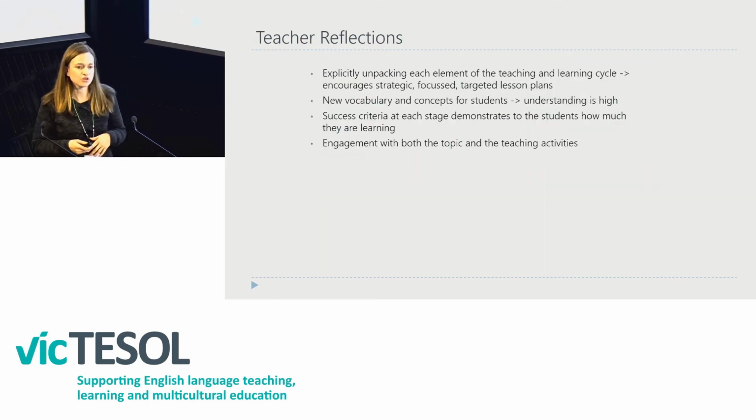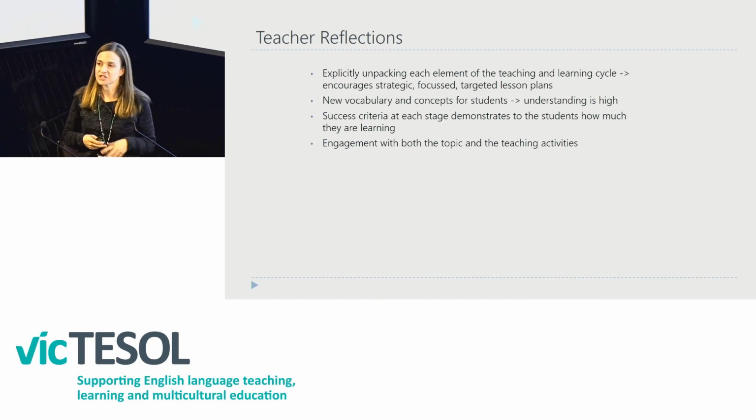Just a few reflections on implementing the model so far. I think that really explicitly unpacking each element of the teaching and learning cycle has led to really strategic, focused and targeted lesson plans and activities in the classroom. I think inherently we follow the teaching and learning cycle, but making it a little bit more explicit has been really worthwhile.